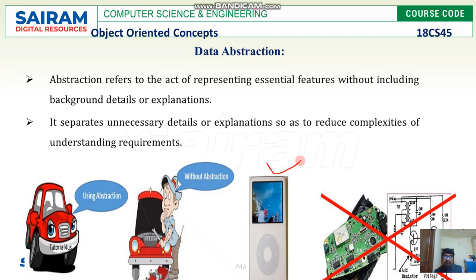We have no idea. And this is called data abstraction. So the meaning is representing the essential features without including the background details. Only the essential features will be provided. What happens in the background, we need not bother, or we are not provided with that.